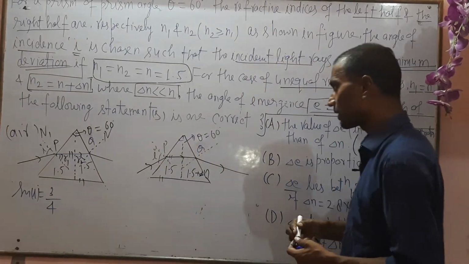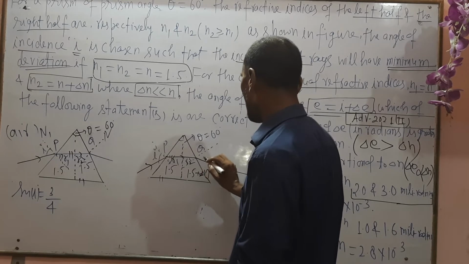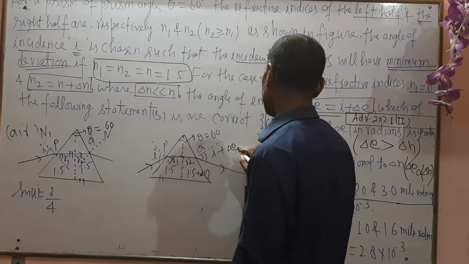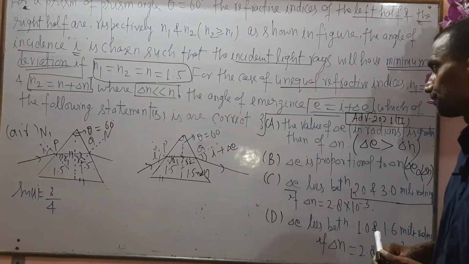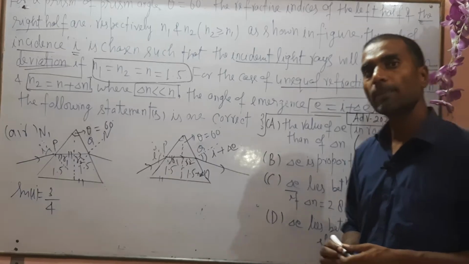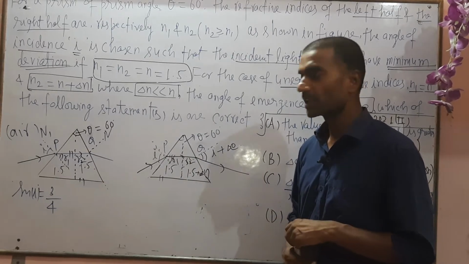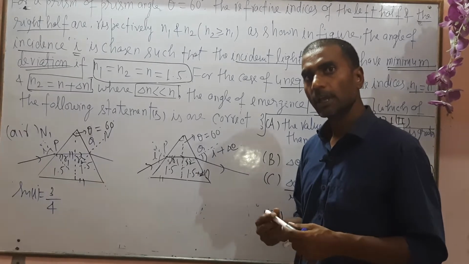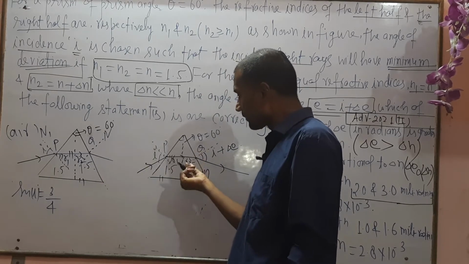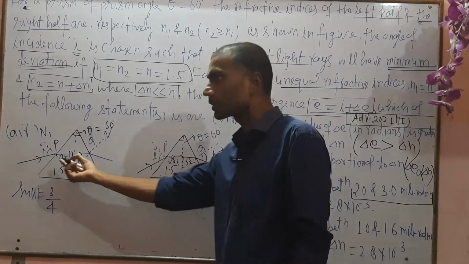This is R1, this is R2, and this angle of emergence will be I plus delta E. So apply Snell's law at point Q. We know that R1 equals R2 equals 30 degrees. Applying Snell's law at point Q, the refractive index of that portion is 1.5 plus delta n, and R2 equals 30 degrees.